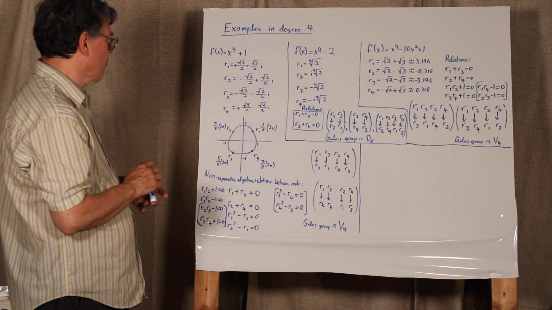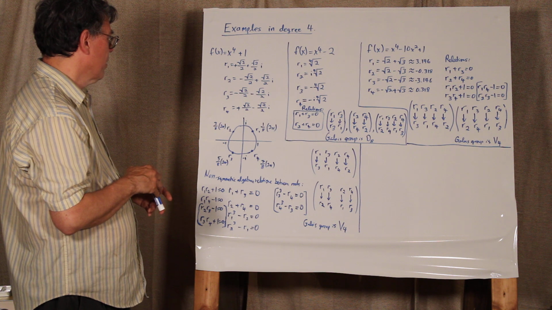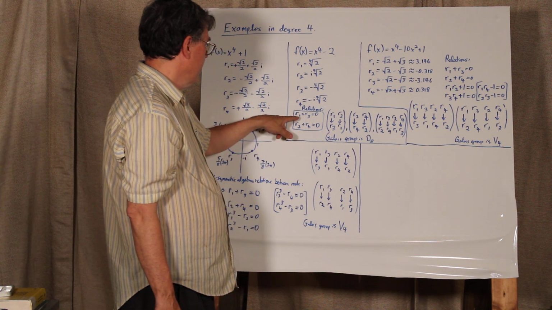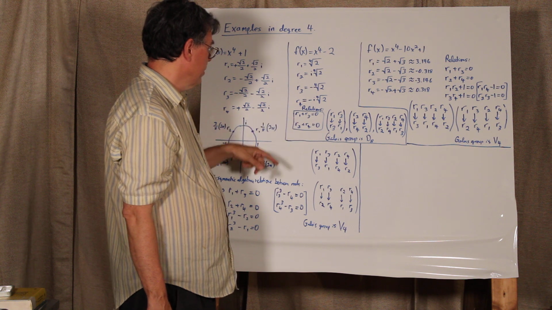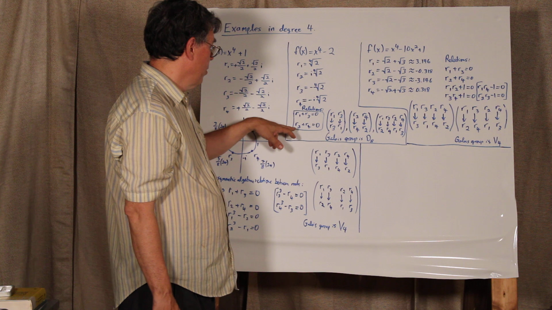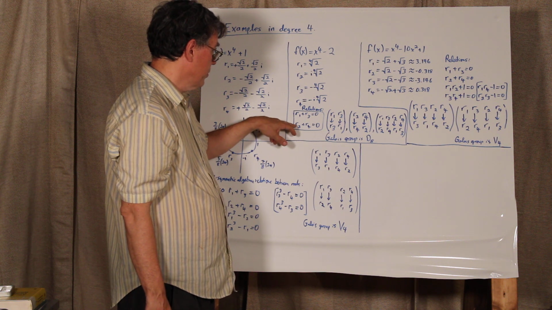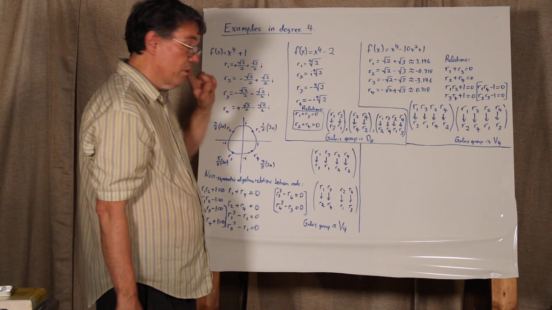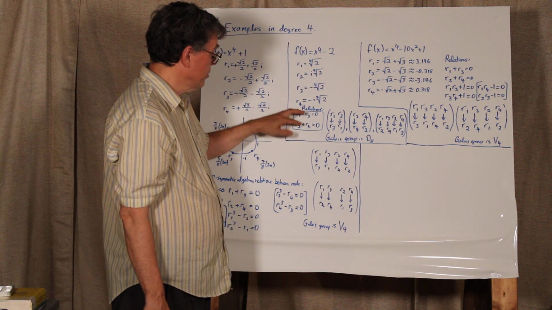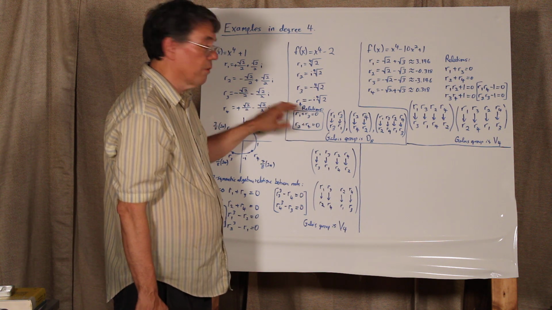Okay, let's start with this one. This one's probably the easiest. So here, we can permute the values R1 and R3, and this relation is unchanged. We can permute R2 and R4, this relation is unchanged. And another thing we can do is we can permute R1 and R2 and also simultaneously permute R3 and R4.